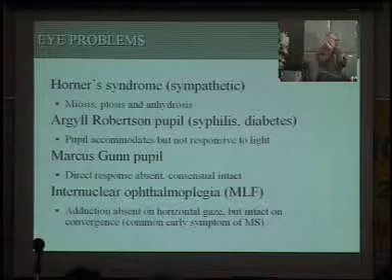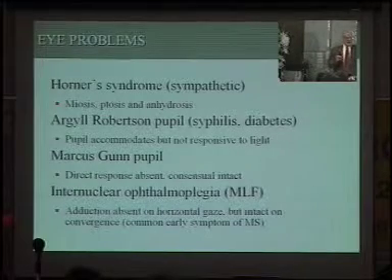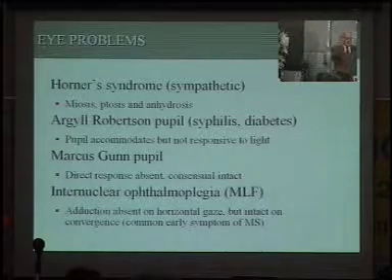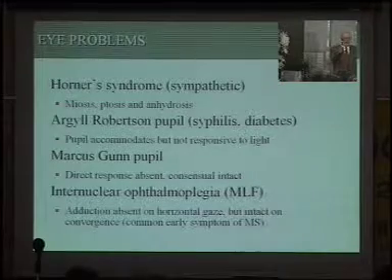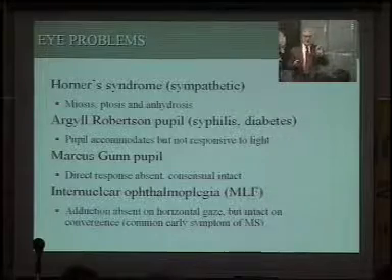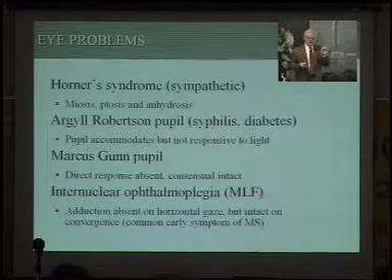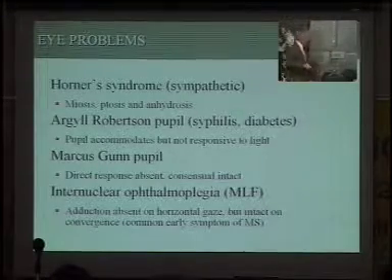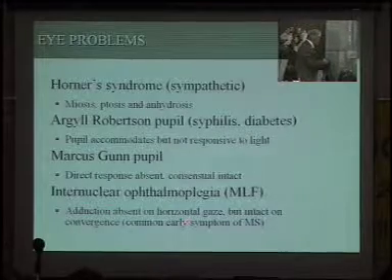Or the contralateral, if you're looking left, the right eye will not go past midline. And this is sometimes the first indication of multiple sclerosis, okay? And so this is something you should review and study.